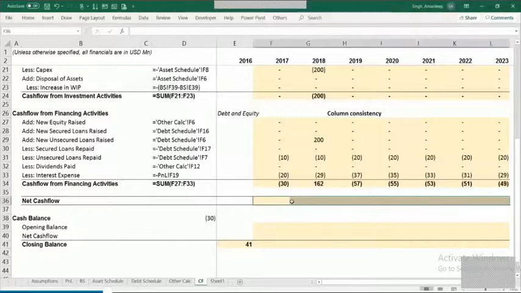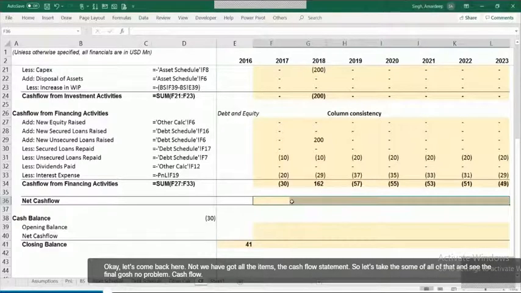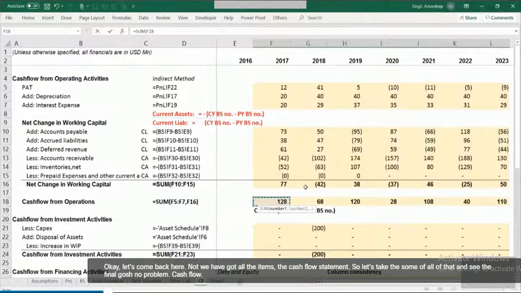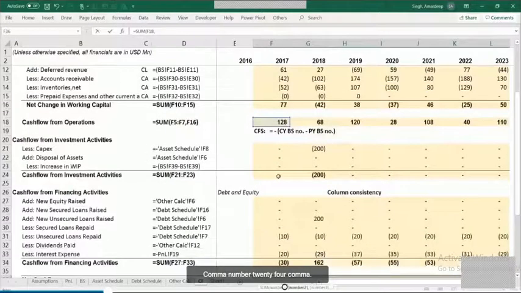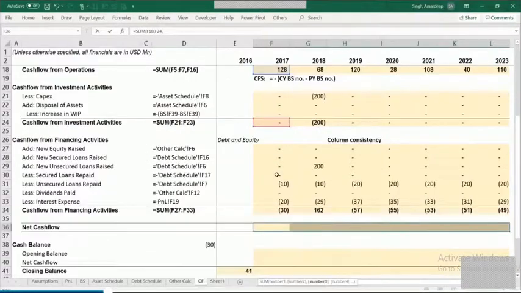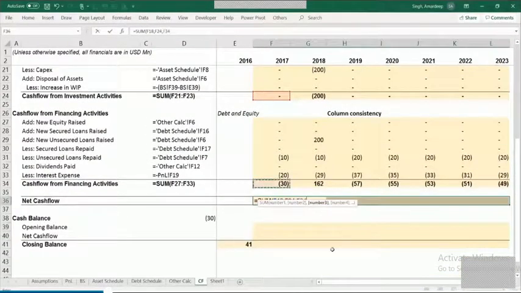Okay, let's come back here. Now we have got all the items in the cash flow statement. So let's take the sum of all of that and see the final cash flow that we have generated in a particular period. So it's there in row number 18, comma, row number 24, comma, row number 34.